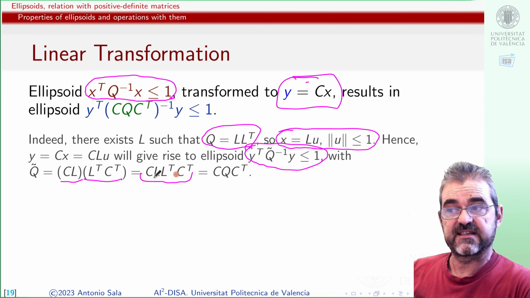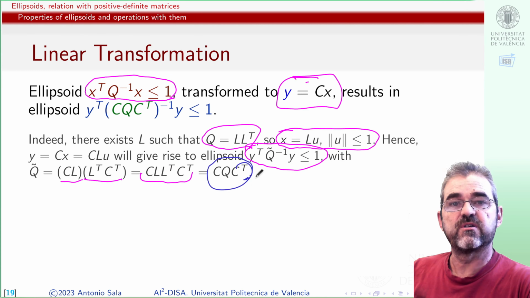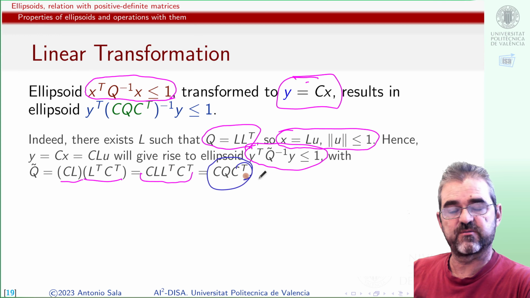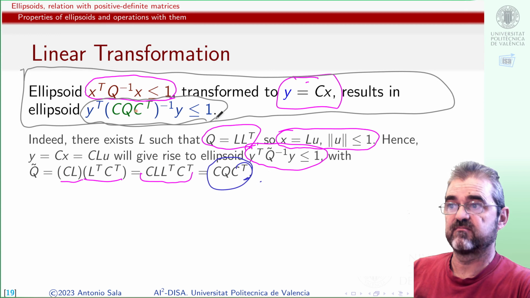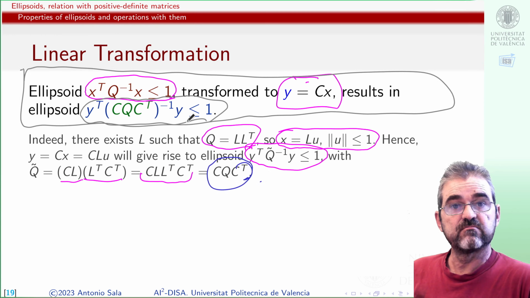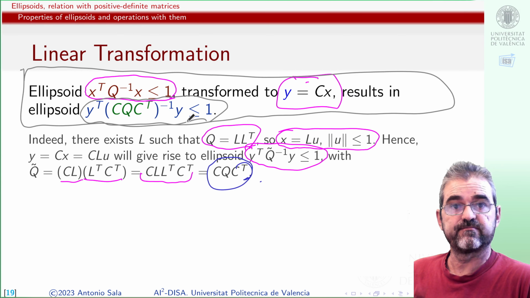And of course, this thing, LL transposed, was the original Q, which means that the new Q is C Q C transposed. So that's what we are saying here. An original Q, when the ellipsoid is transformed by a transformation matrix C, renders C Q C transposed.